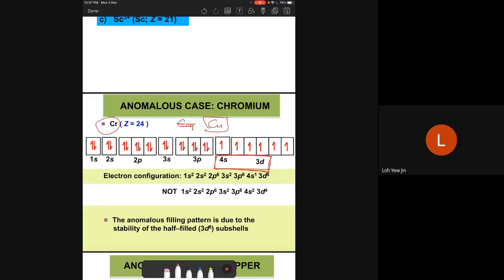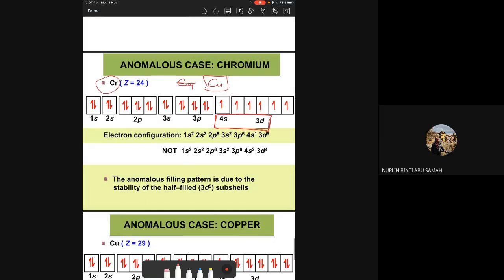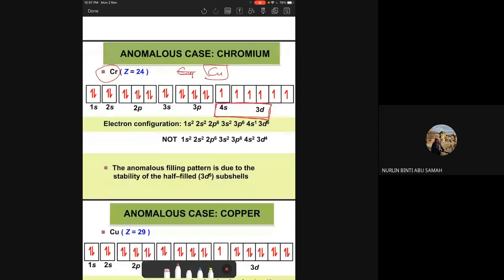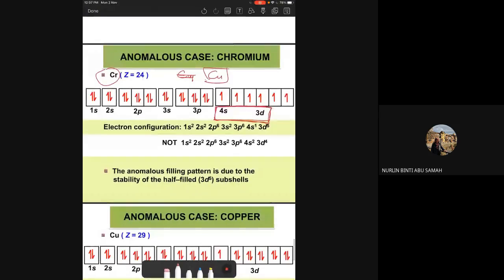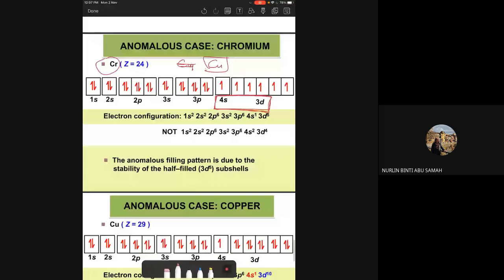Saya cuma nak go through yang anomalous case je. Lepas tu dah habis. Okay. So untuk anomalous case ni, case dia chromium dan copper. Macam yang kita buat tadi, kita isi dulu 4S berbanding 3D.